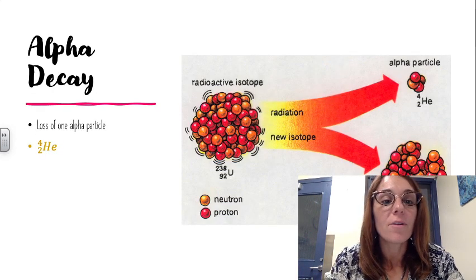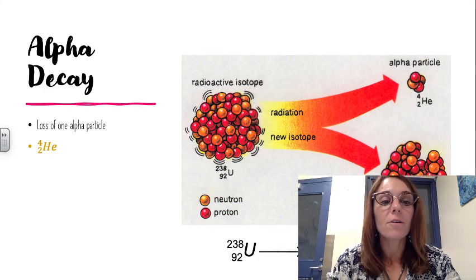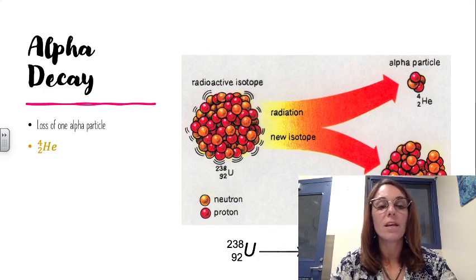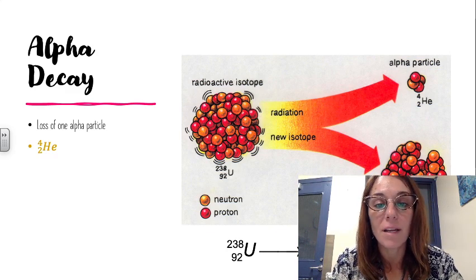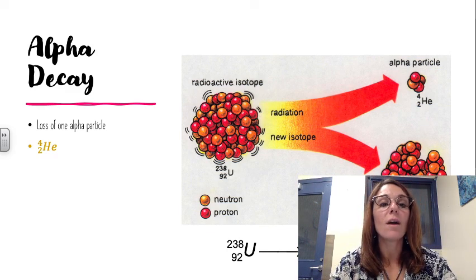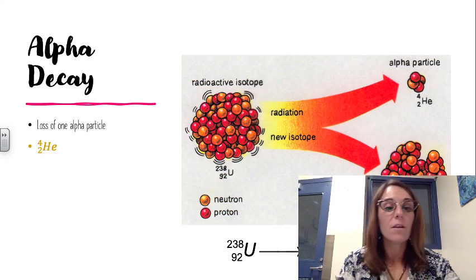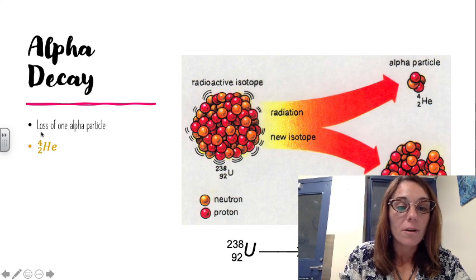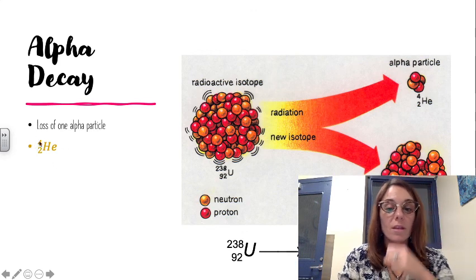Our first example is an alpha decay. Decay means that an alpha particle is going to be emitted. If an alpha particle is being emitted, that means it's going to be one of the products. So it's a loss of an alpha particle, and if you recall, the alpha particle is 4,2 helium.